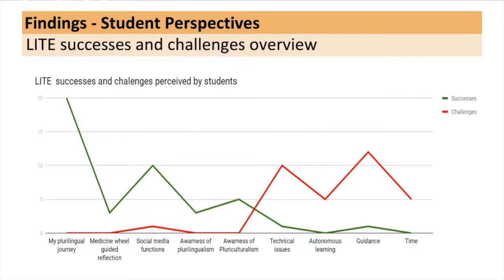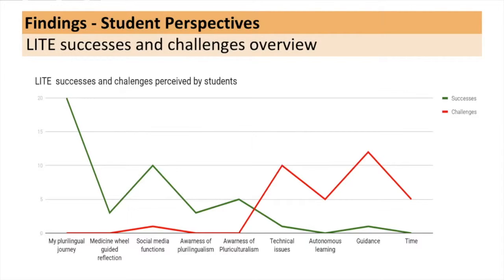And the number 20, for example, on my plurilingual journey, shows that we have identified 20 positive comments from students about my plurilingual journey. And if you see a 0, for example, on the red line about my plurilingual journey, that means that there were no negative comments, or maybe just no comments about that.